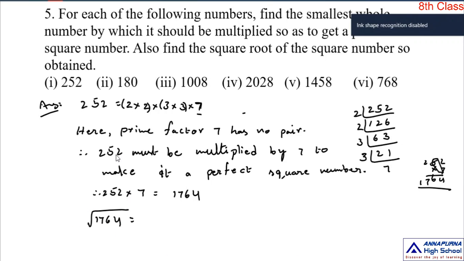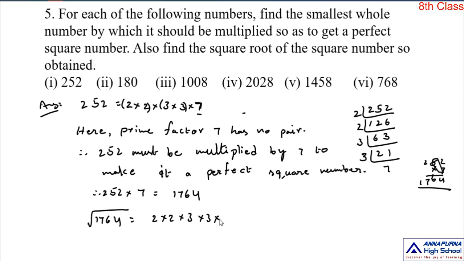we find the prime factorization of 252. What is its prime factorization? It's 2 into 2 into 3 into 3 into 7, and we get this 1764 by multiplying this 252 by 7. So you add this prime factor to this product. So this is the prime factorization of 1764.